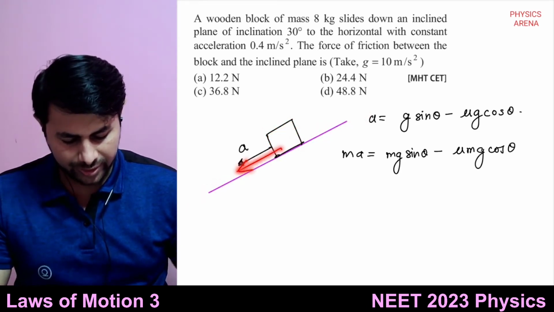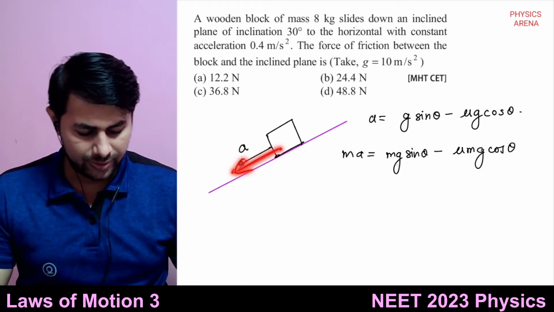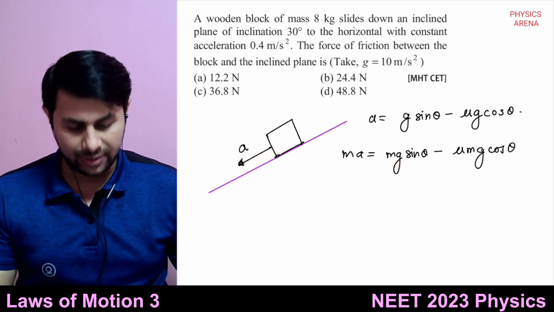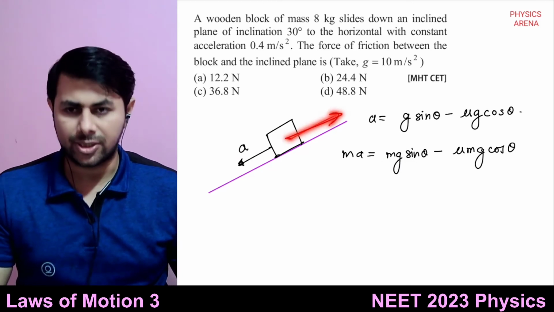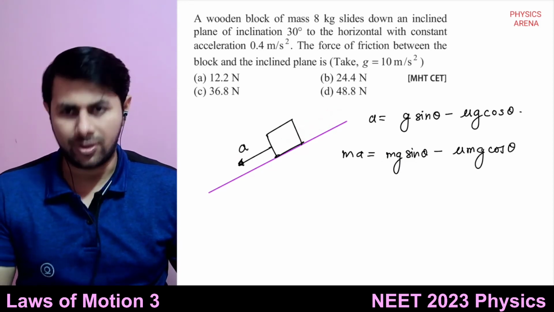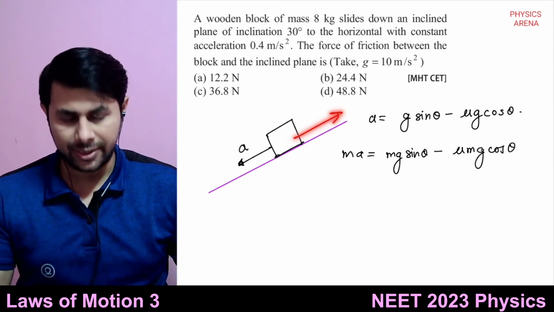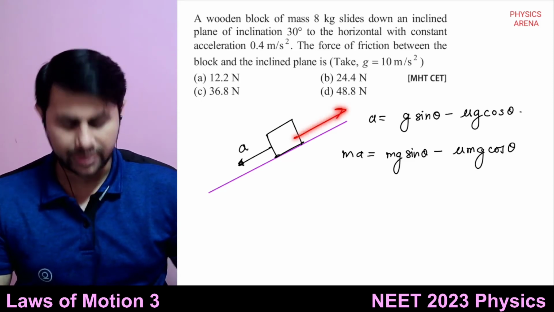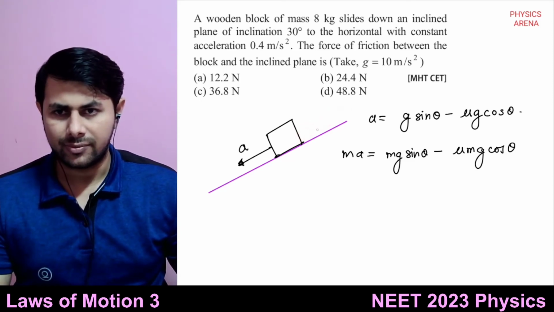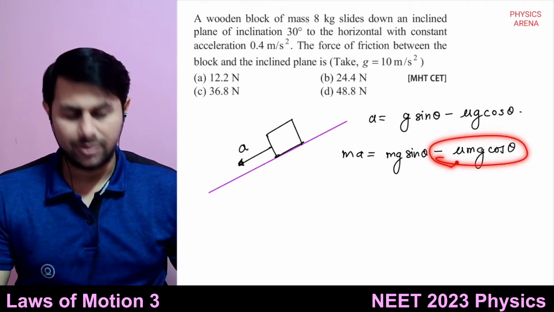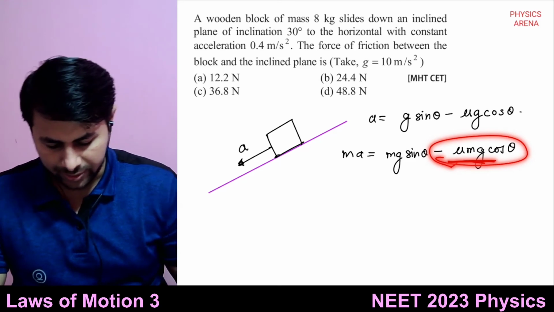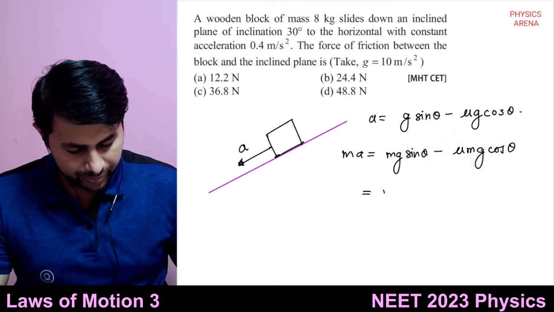One is this component of the gravitational force, mg sin theta, and the other force is the frictional force. It is mu multiplied by normal reaction, but it is negative because it is acting in opposite direction, right? So this is the frictional force.